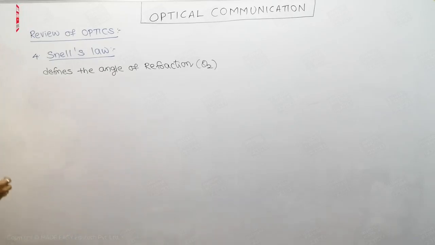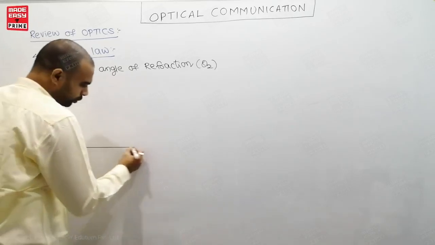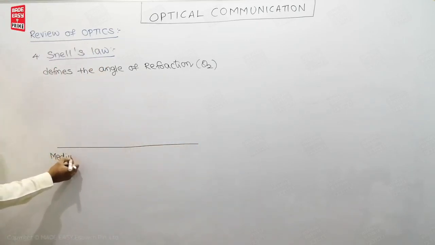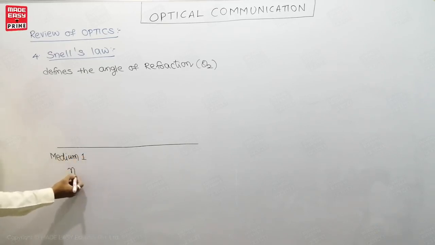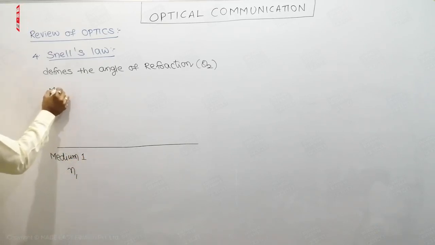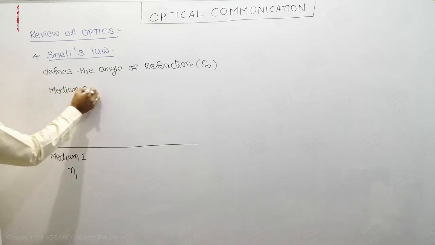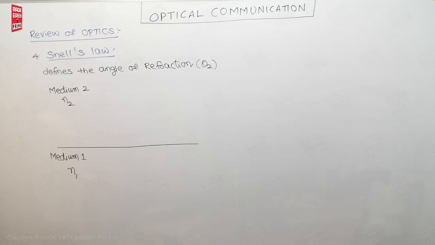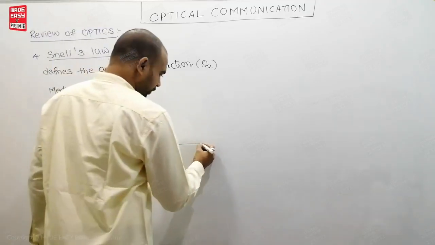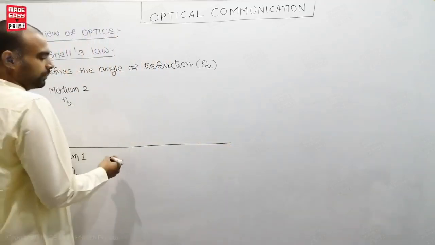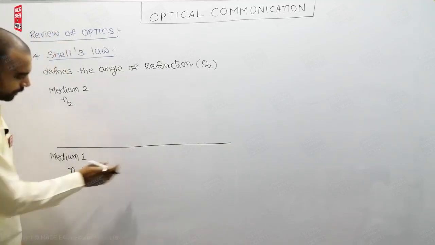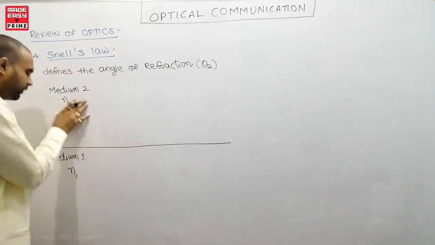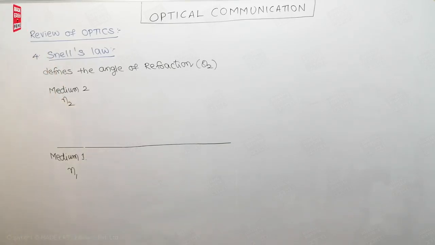Okay. So consider two mediums. This is called medium 1, with refractive index N1, and this is medium 2, with refractive index N2. So when we talk about medium 1 and medium 2, two different mediums having two different refractive indices, N1 and N2 are going to be present.